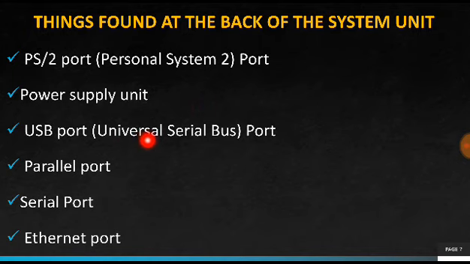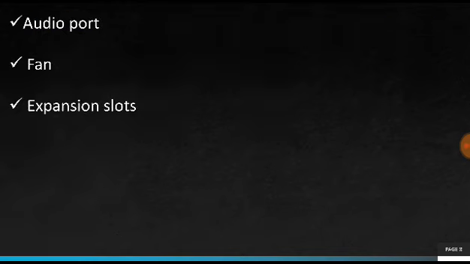That is universal serial bus port. We have the power port, the serial port, the Ethernet port or the network port. We also have the audio port or the jacks. Then we have the fan and the expansion slot.